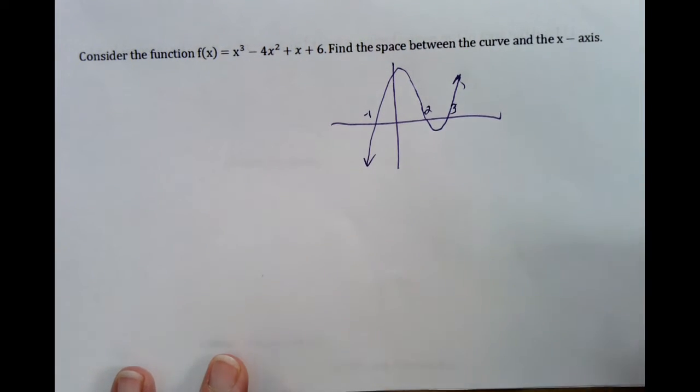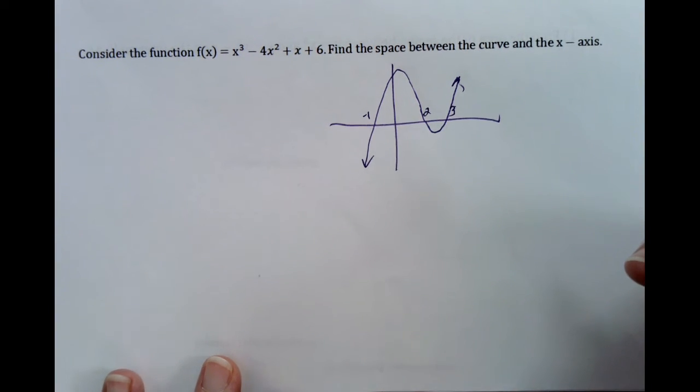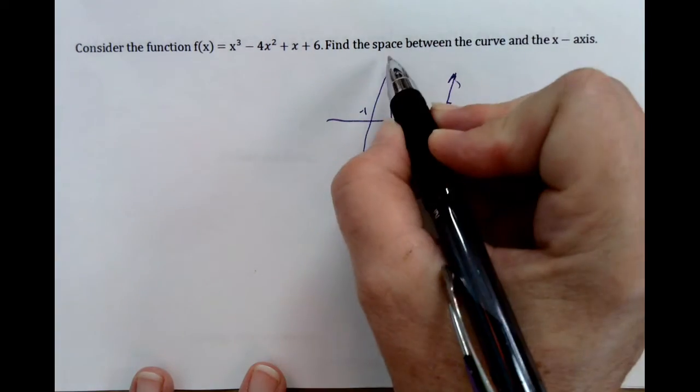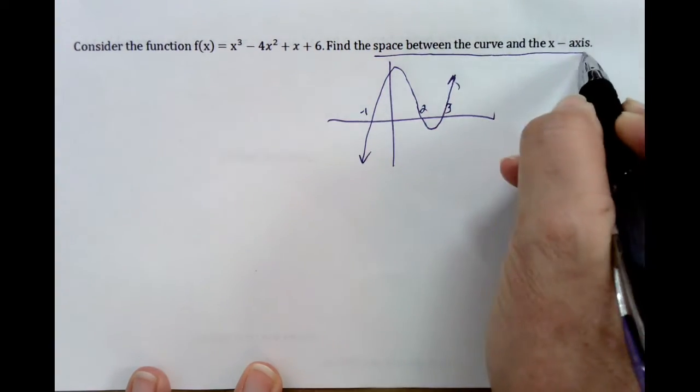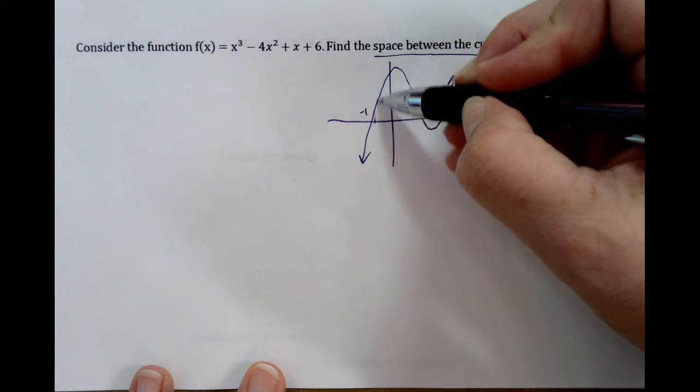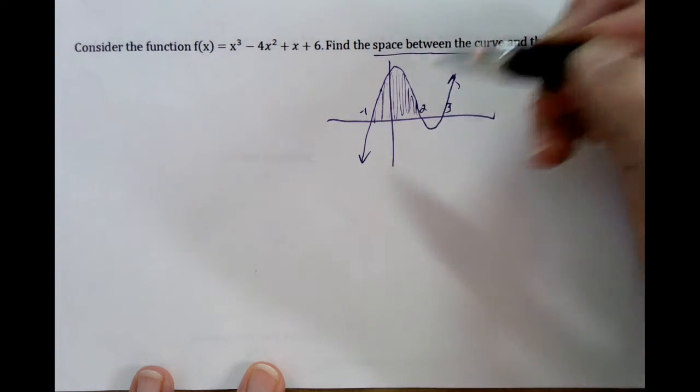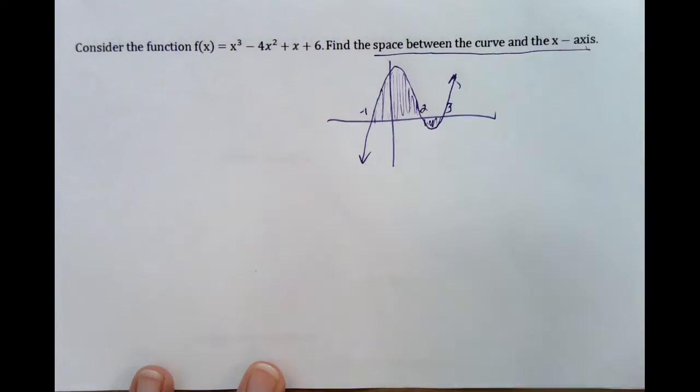Anyway, when it says space between the curve and the x-axis, it means this plus the positive of this. You have to find the zeros first. Correct.